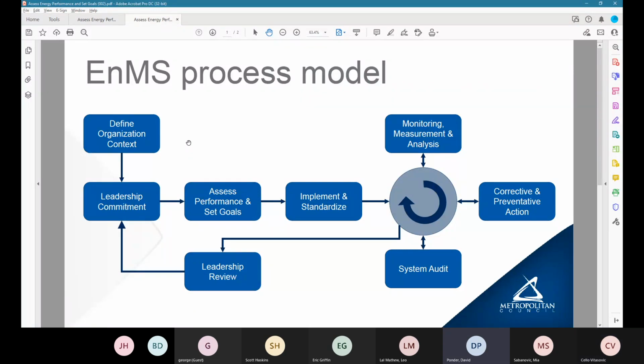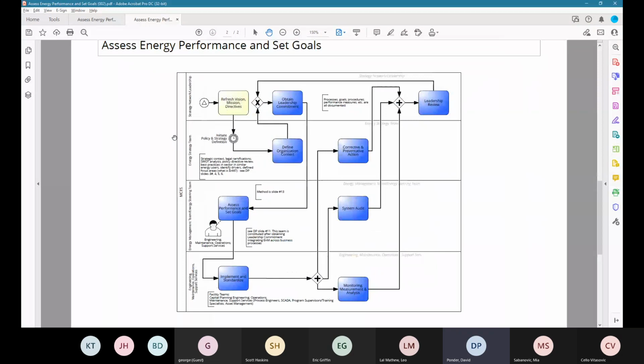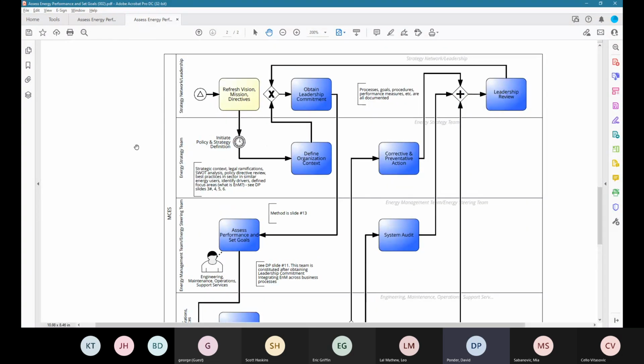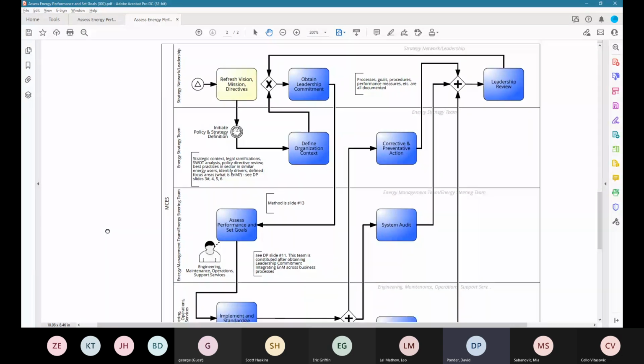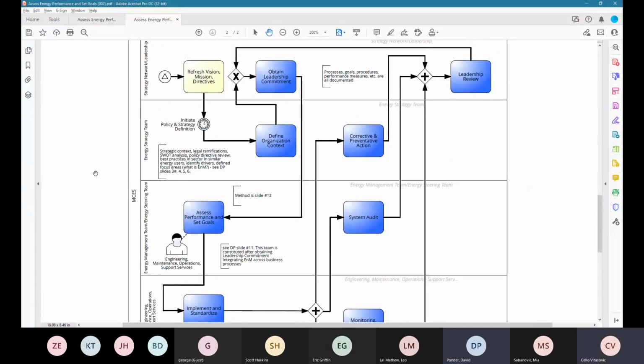So what I did is I worked with Michael to talk through what this process looks like, and then he took time to put it in this business process modeling diagram, basically a swim lane, where the rows across represent different parts of the organization, or individuals within the organization, or teams in the organization. Let me give people just a second to consume this, and then I'll start walking through it.